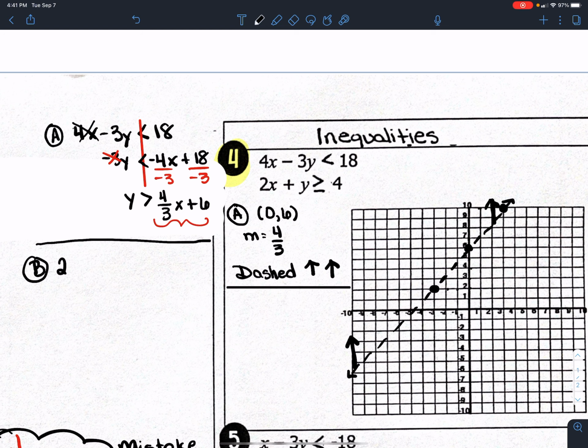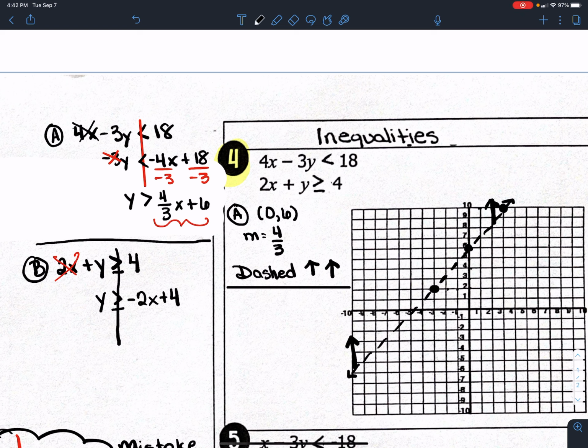We have 2x plus y is greater than or equal to 4. Okay, move the 2x to the other side. So I've got y is greater than or equal to -2x plus 4.